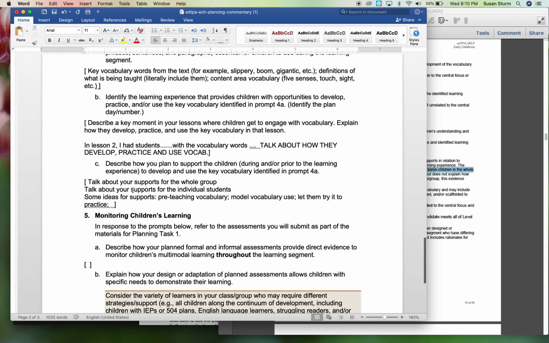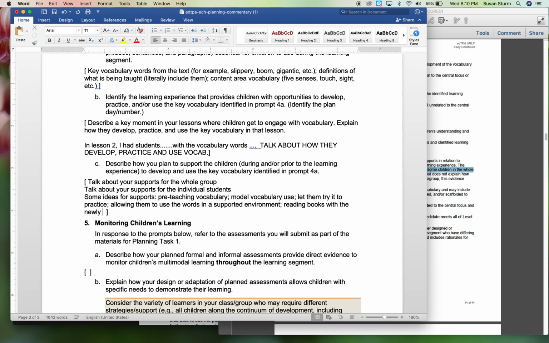So some more ideas for supports: pre-teaching vocabulary, modeling, letting them try, allowing them to use the words in a supported environment, reading books with the newly learned words.